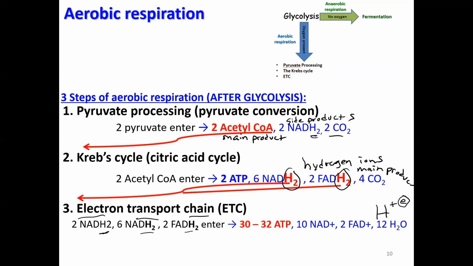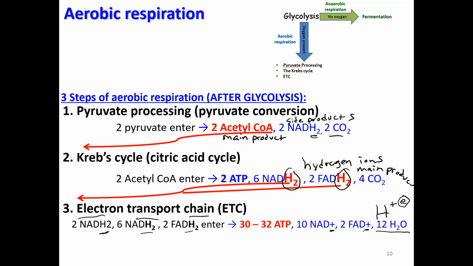What they do is they combine with the oxygen you breathe in, H2O. So these hydrogen ions are reduced in the process. That's why at the end of it, the side products here, you've got NAD pluses and FAD pluses. That means the hydrogen ions and their electrons have been used. And then you get metabolic water.